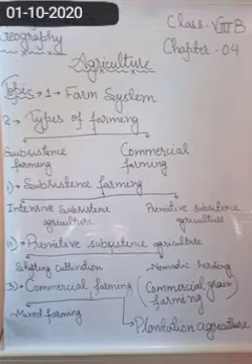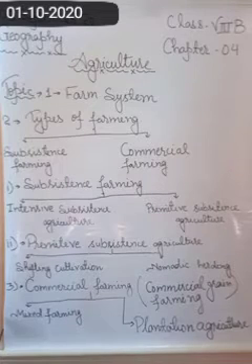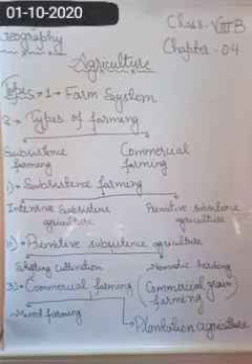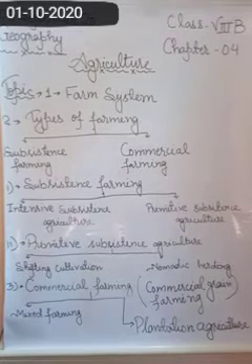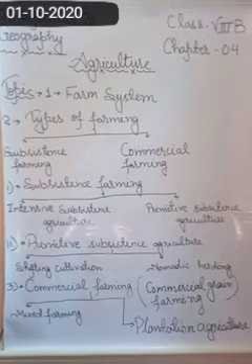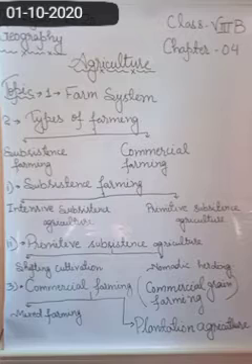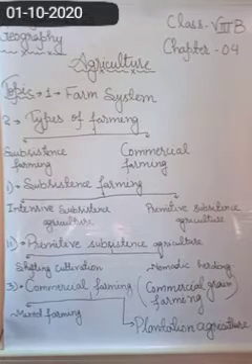All right. And students, in India, due to the favorable climatic conditions, we have 3 seasons: summer, winter and rainy season. That's why people of India are able to grow different kinds of crops according to the season.